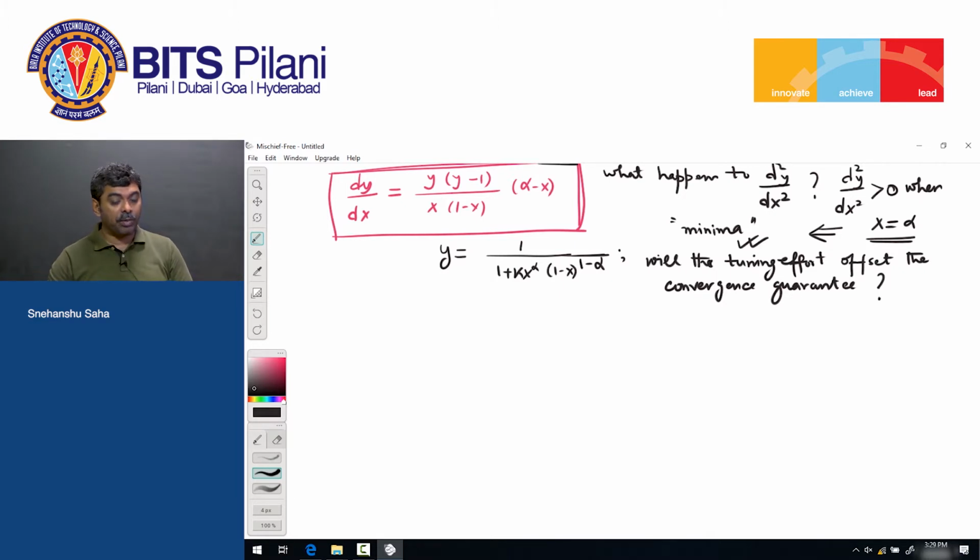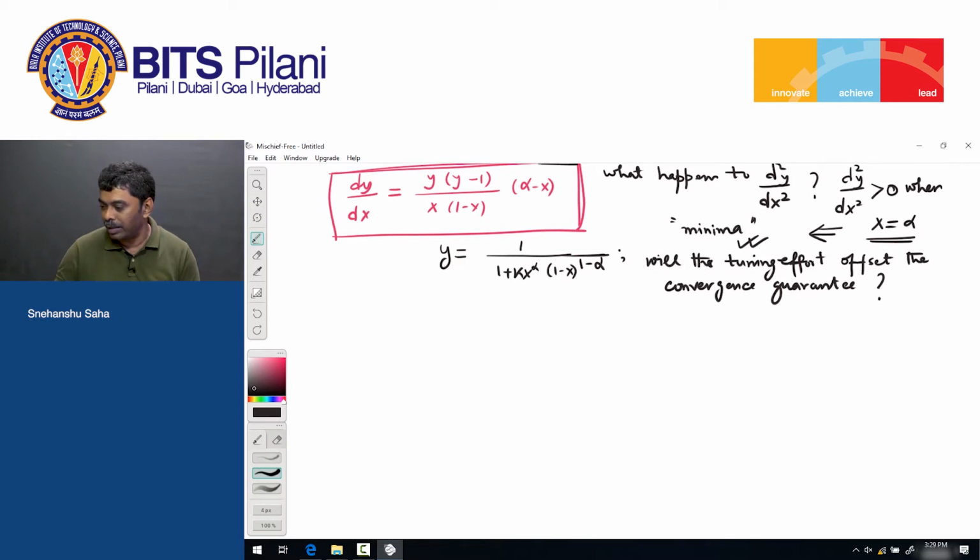To show this, I would have to invoke something beyond the scope of the class, so I'll just show you a few pictures to convince you that the tuning effort is actually insignificant, if we explore some of the other functional properties of this specific activation function.